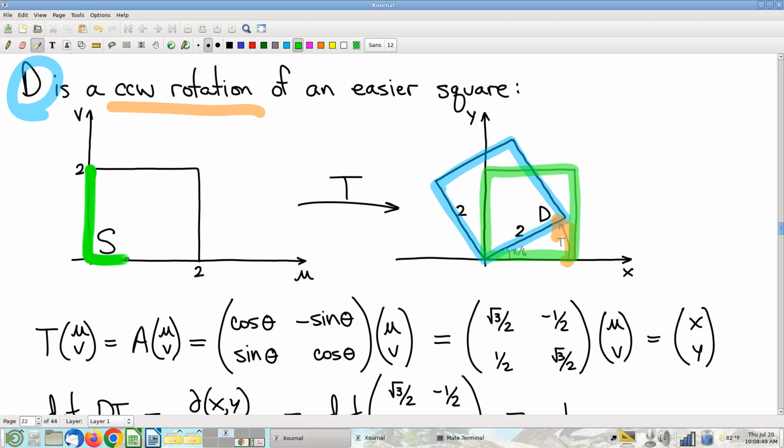Just to avoid confusion of variables, the pullback domain needs to be in terms of u and v. You can use s and t if you like; it doesn't matter. I'm going to draw it over here on the left to emphasize that this function, which I'm going to call T, does a counterclockwise rotation, and that counterclockwise rotation turns the green square into the blue square. Is that cool?